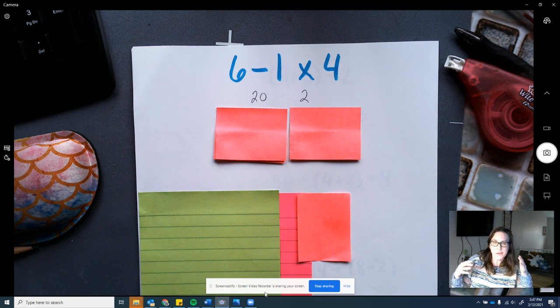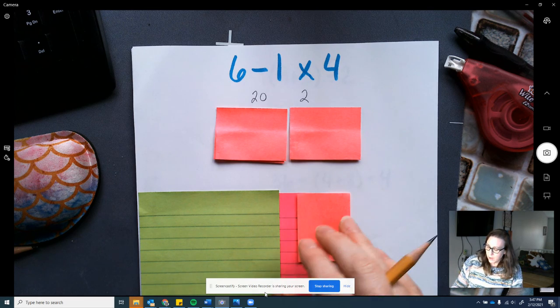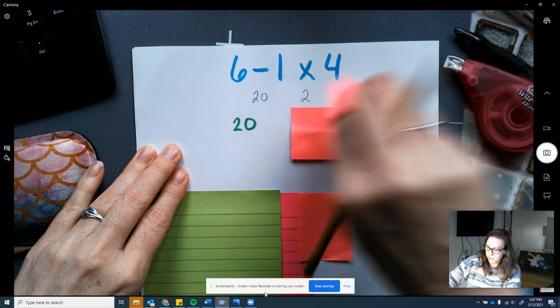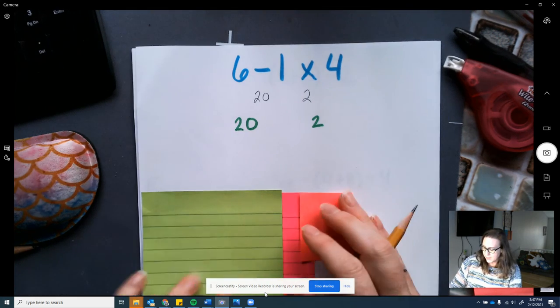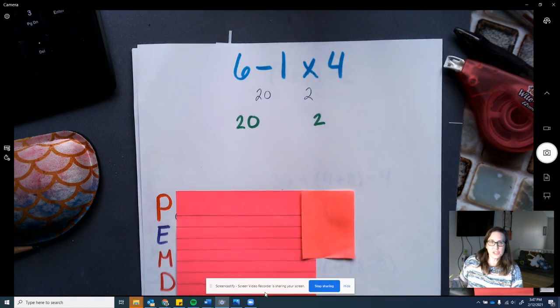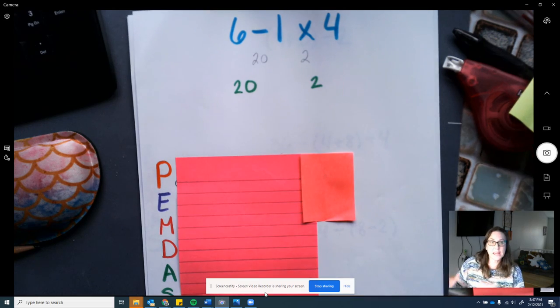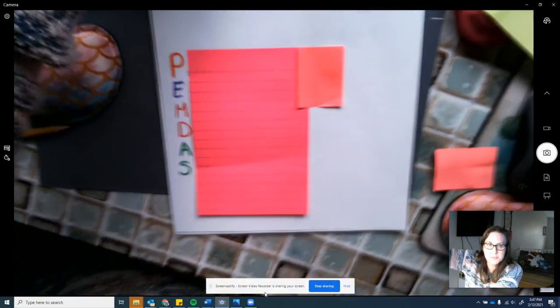So they got together and said, well, we have to have some rules about what we do first. So they decided on the rules, and I actually have those here. They came up with the order of operations, okay?